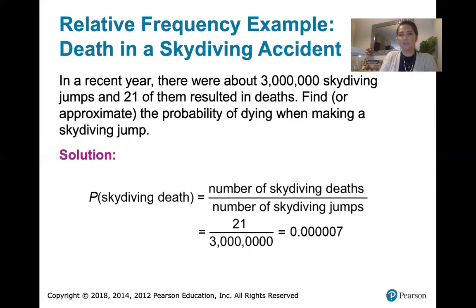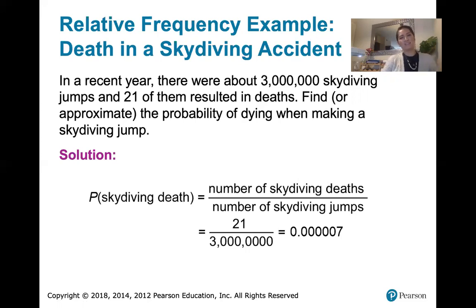It's the number of skydiving deaths, approximately, over the number of skydiving jumps. So how many jumps were there total? How many of those were deaths? Well, there were 21 deaths out of 3 million times that this procedure was run. And so the probability turns out to be 0.000007. So that's the probability of a skydiving death approximately based on this data from the past, where 21 people out of the 3 million skydivers passed away in an accident.